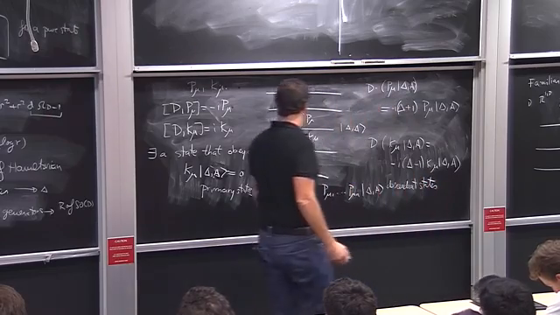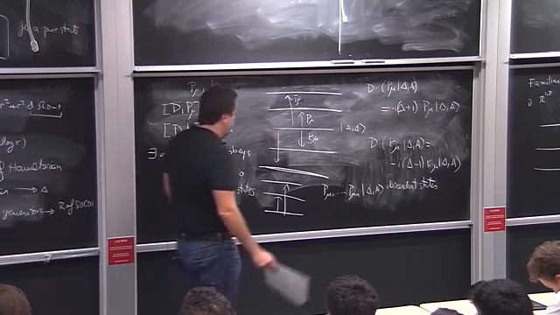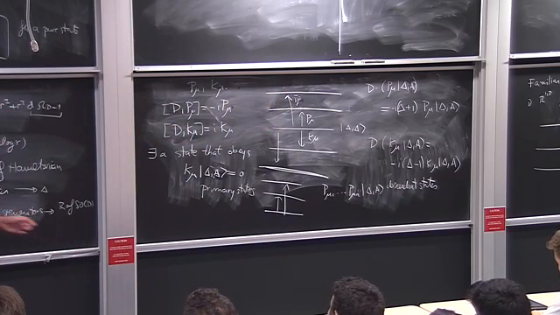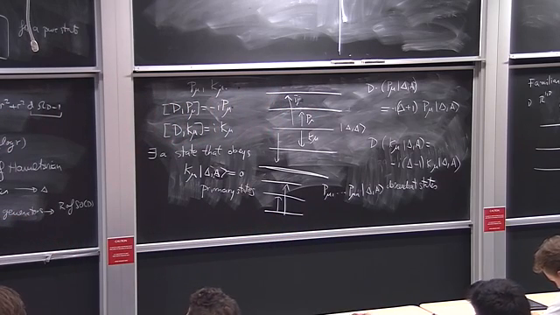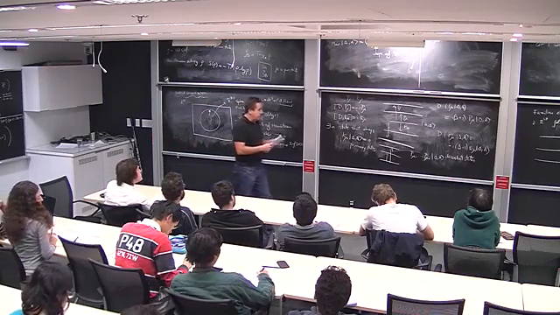And that's all you can get. Notice that since I can act an arbitrary number of times with P's, these representations of the conformal algebra are infinite dimensional. Okay? So this is a bit different than the SU(2) that you're usually familiar with. So any questions about this?